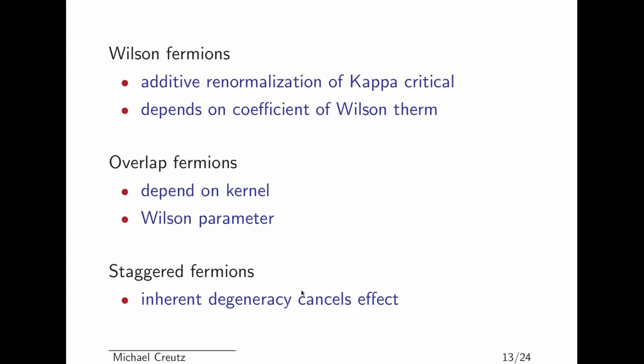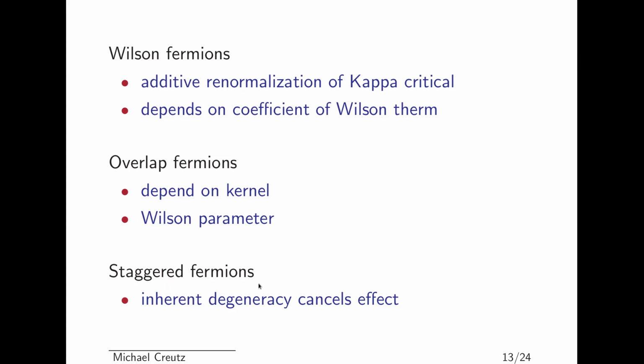With Wilson fermions, it's pretty clear how this happens. There's an additive renormalization from the outset. The kappa critical, where you make the particle massless, does get shifted. And the amount of this shift depends on the details of the coefficient of the Wilson term. Now, overlap fermions depend on the kernel. They have the Wilson parameter in there, so it's really the same dependence for the overlap fermions.